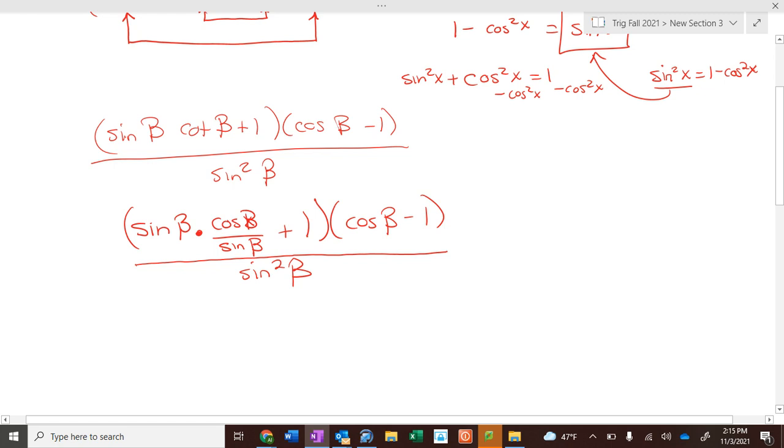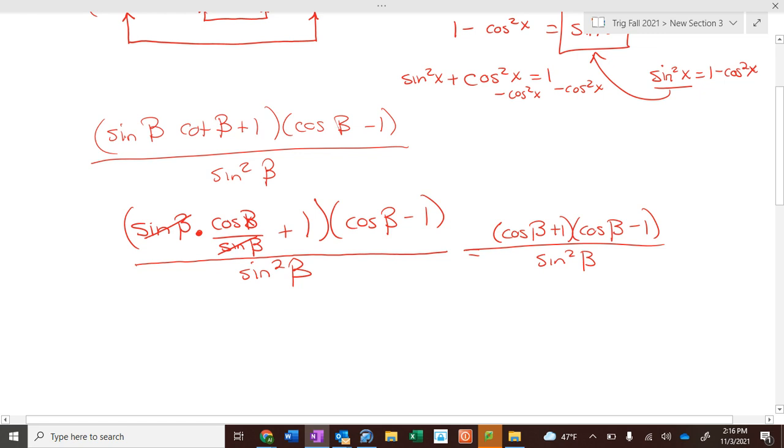With something in the numerator and something in the denominator that are the same, so they can cancel. Boom, boom. So this is really cosine of b plus 1 times cosine of b minus 1 all over sine squared of b.